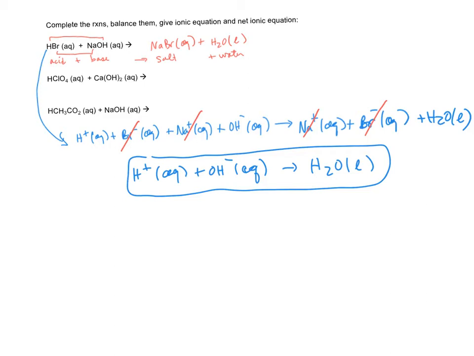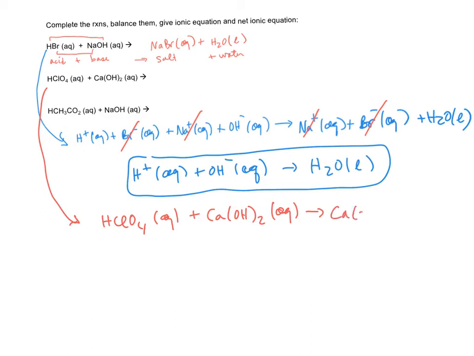Okay. So let's take a moment and look at some of the other ones here. So the second one is HClO4, that is perchloric acid, plus calcium hydroxide forms. You're going to do the double exchange. So it's going to be calcium, that's a 2+, perchlorate's got a -1.